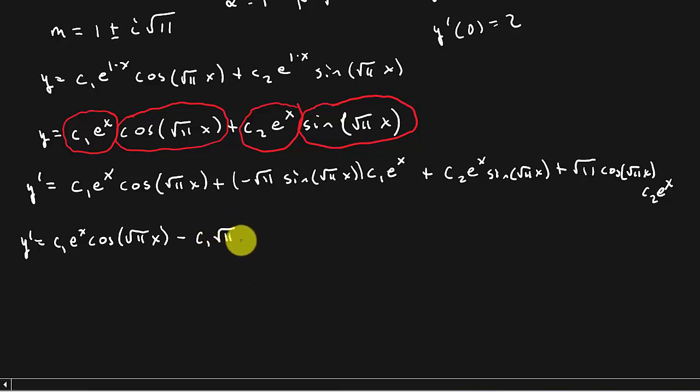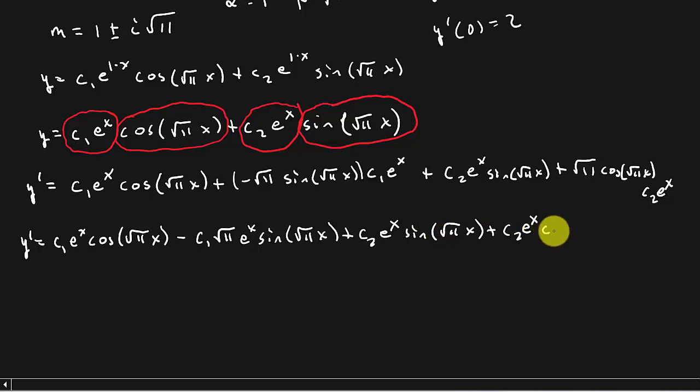C1 square root of 11 e to the x sine square root of 11x plus, that's going to be C2 e to the x sine square root of 11x plus, and that's going to be C2 e to the x, C2 square root of 11 e to the x cosine square root of 11x.